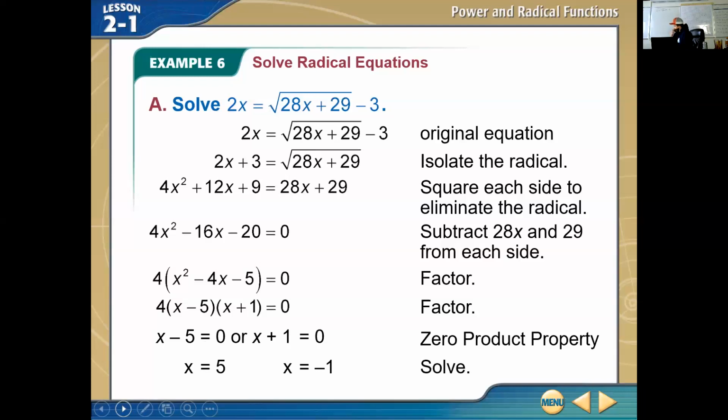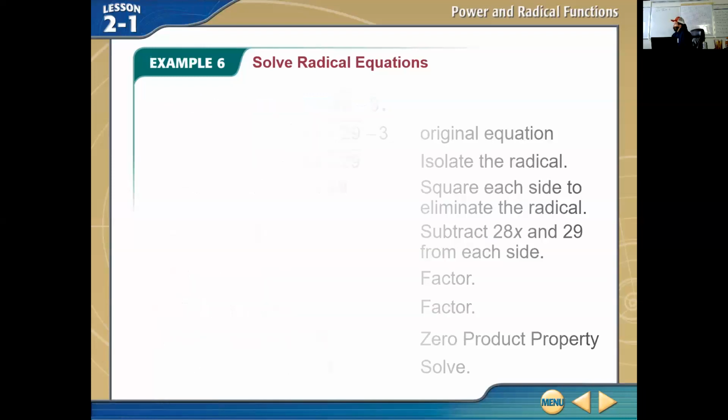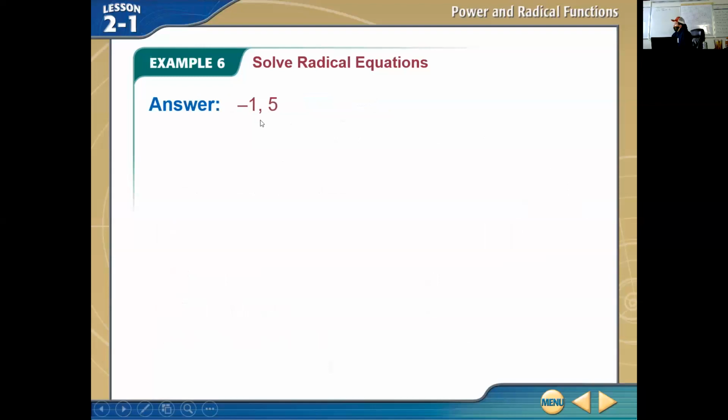To determine if we have extraneous solutions, because we had to square, we have to plug both of these back into the equation. So we have our original equation. We plug it in.